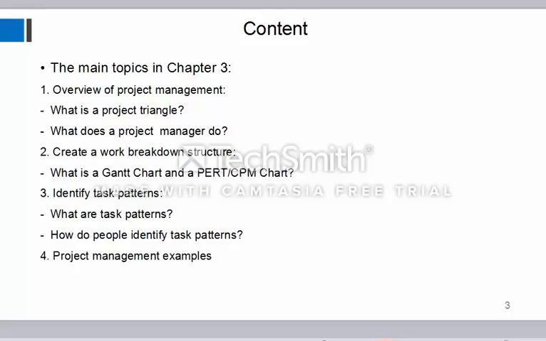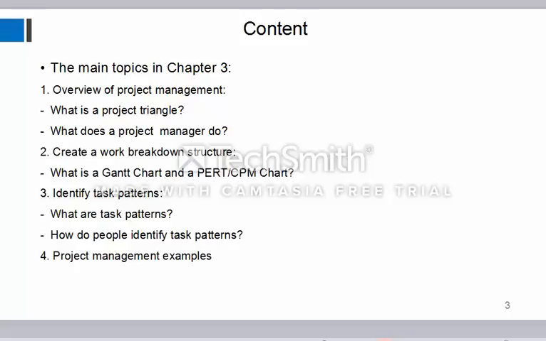This chapter mainly has six subtopics. The purpose of the overview of project management is describing a project triangle and tasks of project managers. Creating a work breakdown structure's purpose is learning how to make a Gantt chart and PERT chart in Microsoft Project.